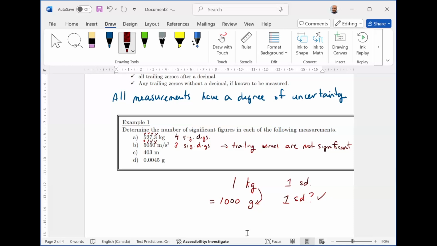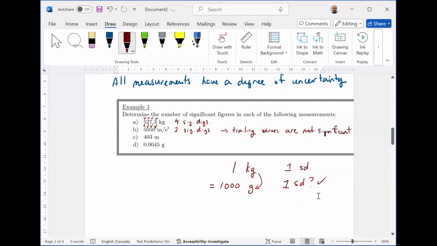Now, there is one little loophole, and I'll just be full disclosure, not every physics teacher will agree with this, if you take future physics courses. But one way to get around that, if I wanted to write a number, let's say we have a velocity of 100 kilometers per hour.